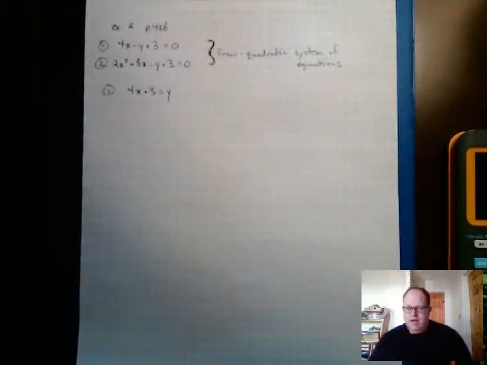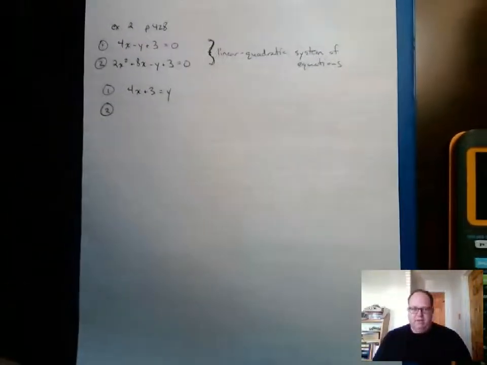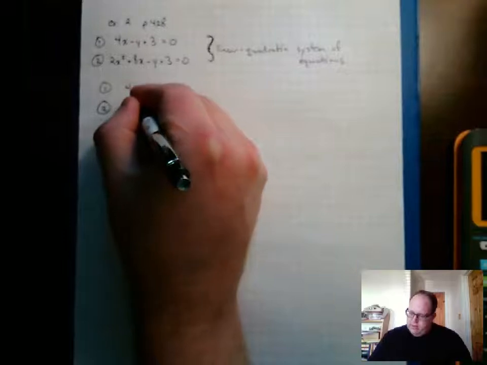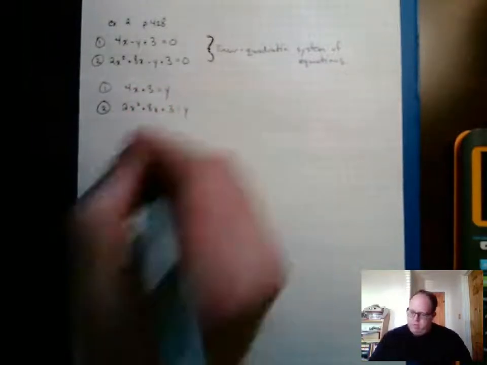Equation 2, I could do the same thing for and add y to each side of it. So I end up with 2x squared plus 8x plus 3 equals y.